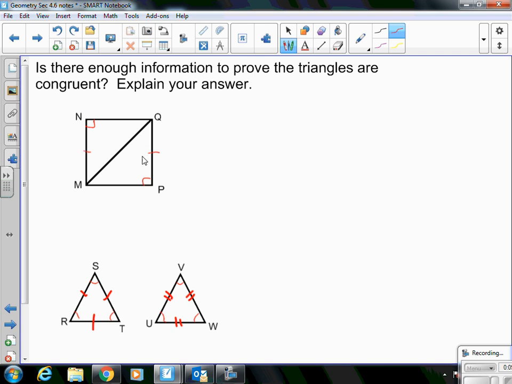They got one side congruent. Anything else that we could come up with that would be congruent? This diagonal right here, MQ, which is shared by both triangles. So that would be congruent to itself.